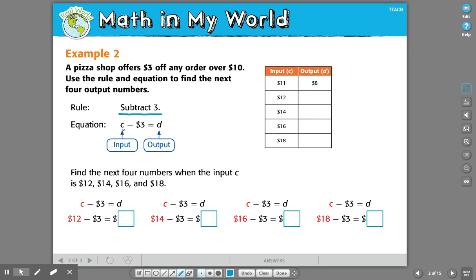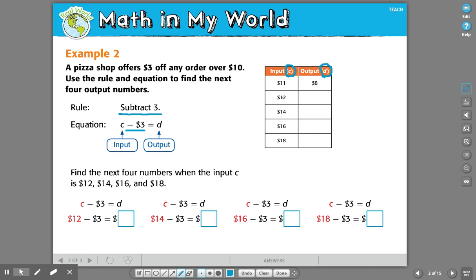So look at this. Our input is our C. We put C and we put any dollar amount we want in there. We take $3 away, we get our output, we get our D. This is our equation. We have to have a letter we put in. We have to do our rule to it, and we get a letter out.